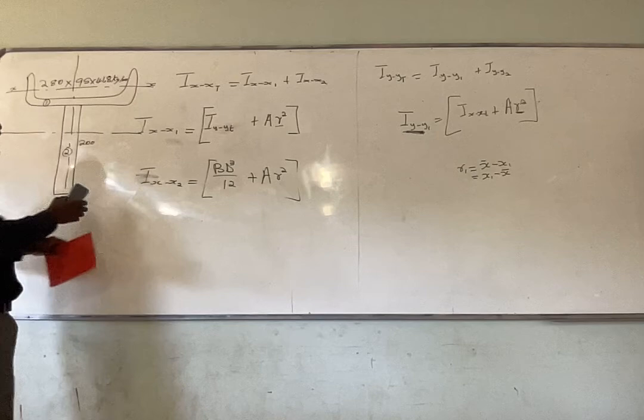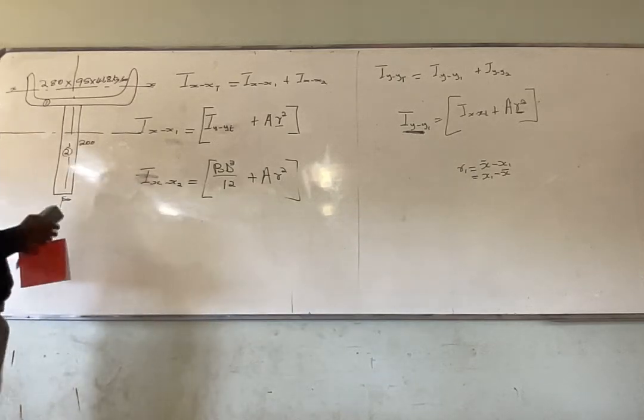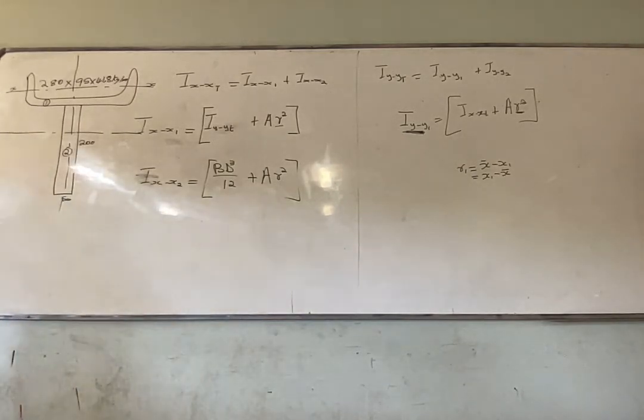Let us look at the last cross-sectional area, which will consist of 3 areas. I will modify this one.